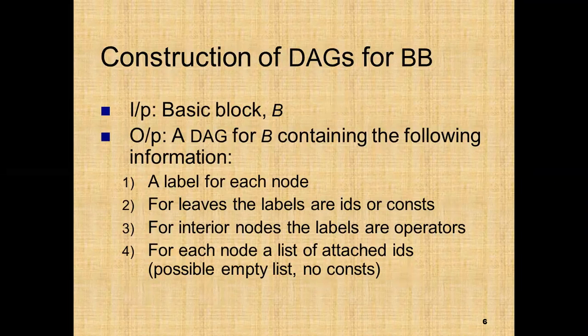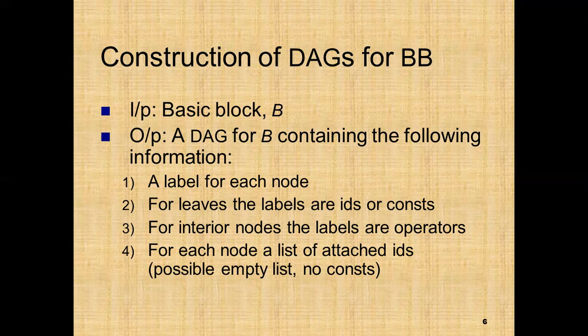Now you can see how we will achieve the construction of directed acyclic graph for the basic blocks. Now you are already aware what is the basic block. We will implement the different basic blocks from our source program.